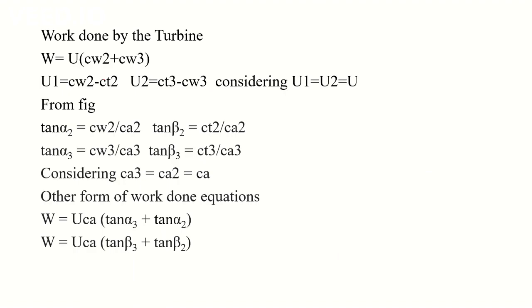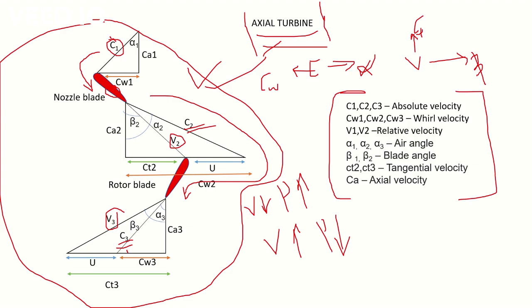Here, as we derived for the compressor, we also derive for the turbine. Work done is given as W is equal to U times (C omega 2 plus C omega 3). This is U1 and this is U2, and we have considered these two to be the same. From the diagram we can see that it is a difference between the whirl velocity and the tangential velocity, and here it is a difference between the tangential velocity and the whirl velocity.